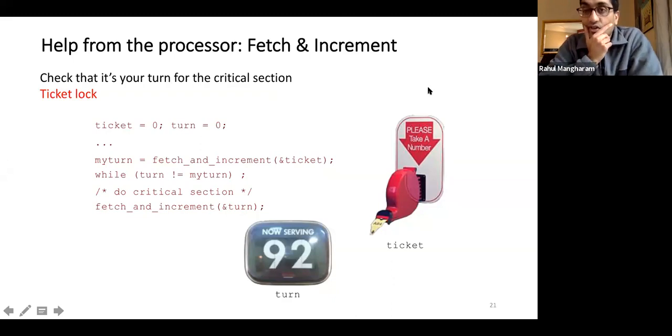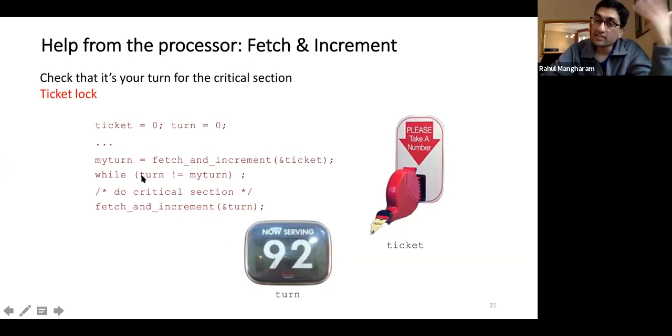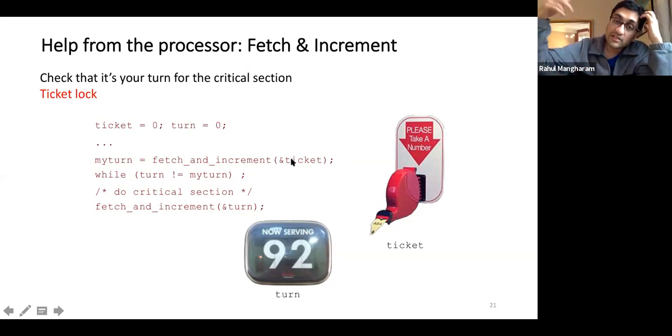Confused a little, not clear. So all it's doing over here is saying that when I'm getting a ticket, I get my turn initially, and then that number can keep increasing as more and more threads come and ask for the ticket, and the ticket keeps incrementing.